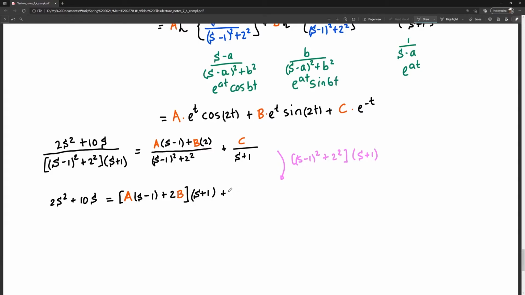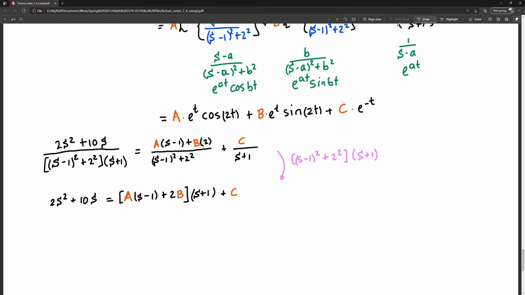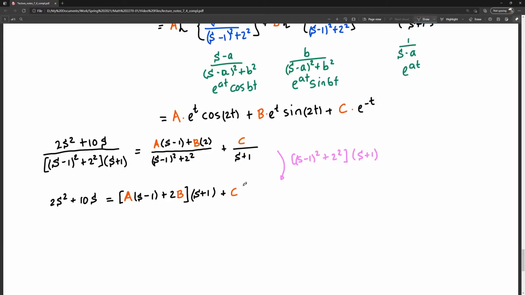And then for the second part, we have c times s minus 1 squared plus 2 squared. And the s plus 1 and the s plus 1, they cancel out. Okay, so we're not going to simplify this.